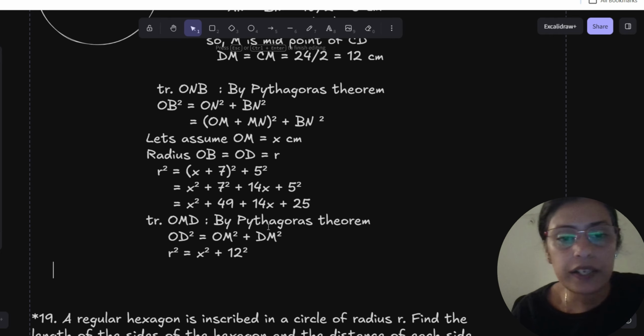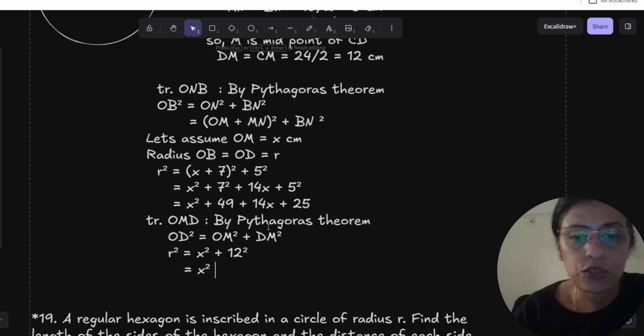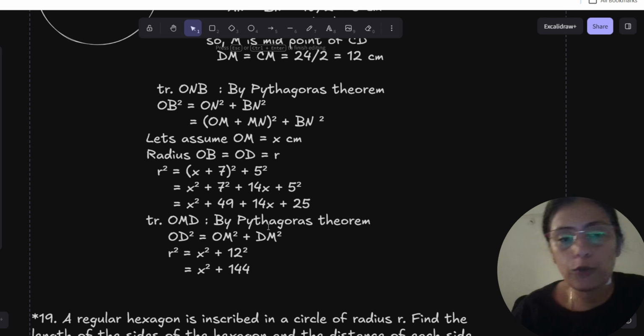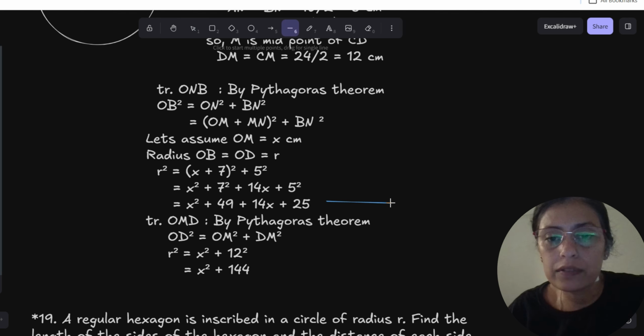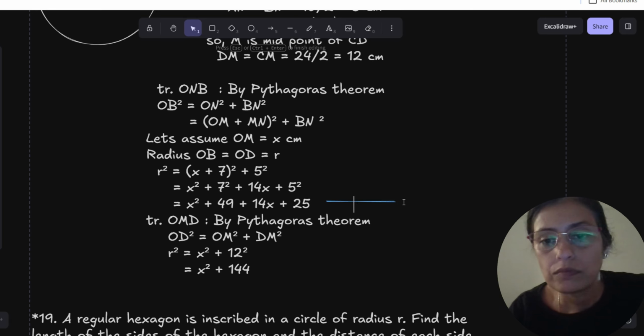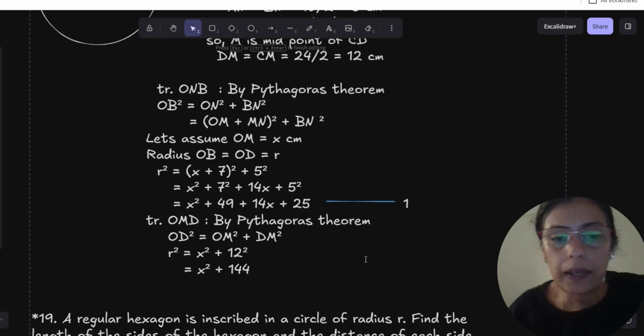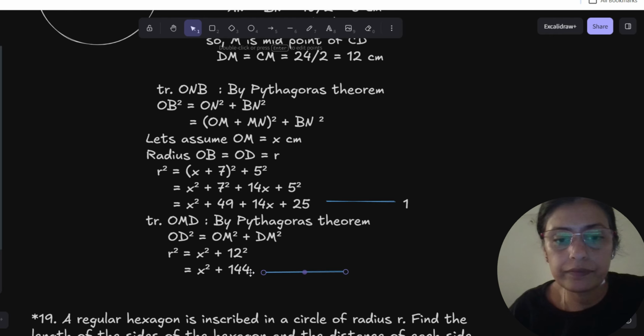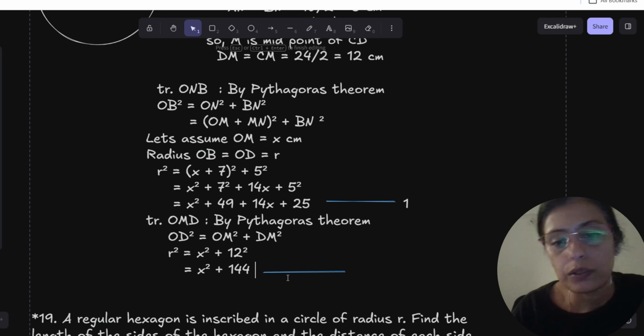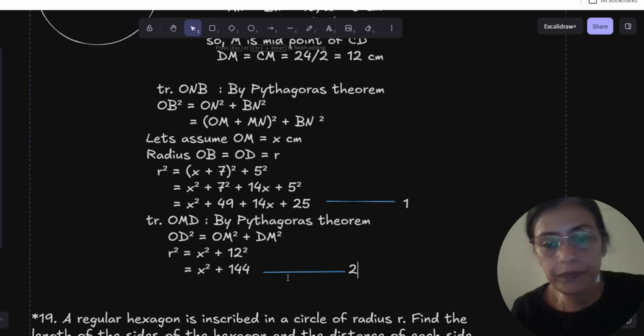Then we can write this as X square plus 144, right? So we can call this 1, and we can say this is 2, so that we can refer to them.